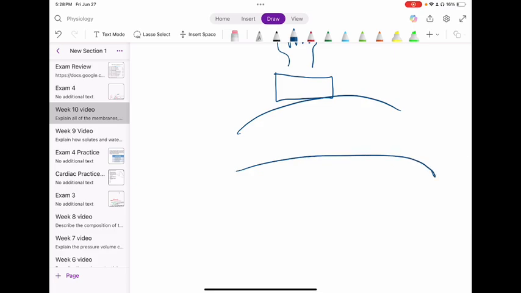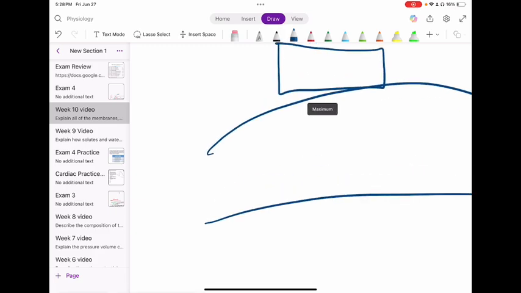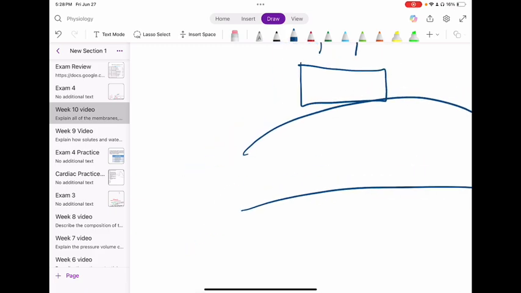Here's the capillary. So the capillary carries the oxygen to the cell. So we have hemoglobin. Hemoglobin has these 4 oxygens put on it. And what it'll do is it'll bind to the muscle of the hand, and it will transport that oxygen.